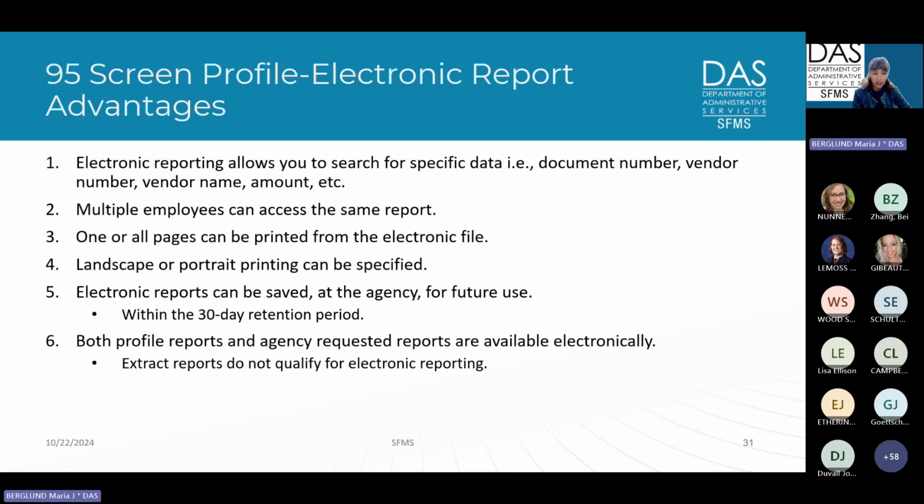One of the main ones is searchability. You can search in the report by document number, vendor name, or amount, or other elements. This is very helpful when you have a large report and you need to find just some information in the large report.